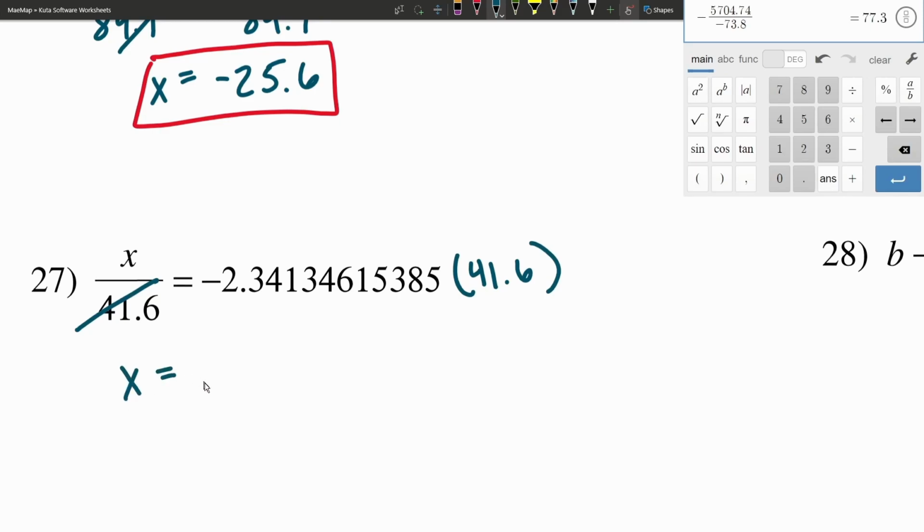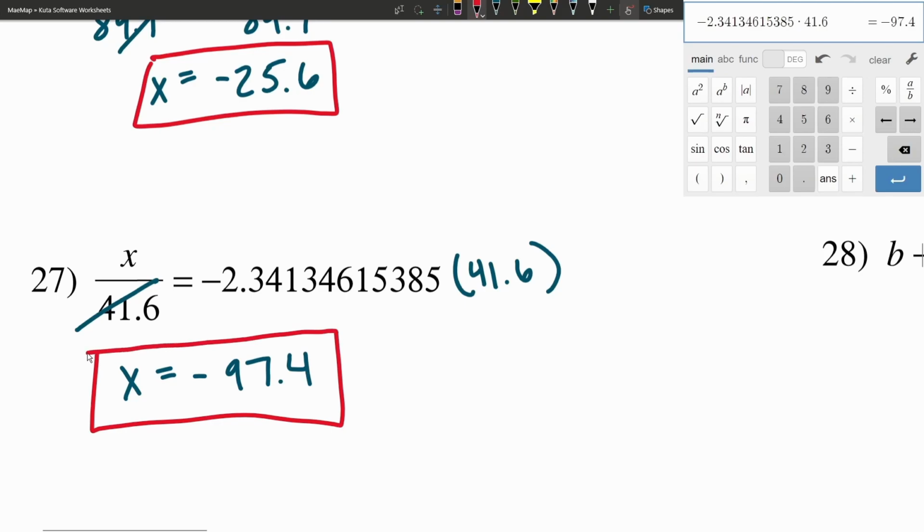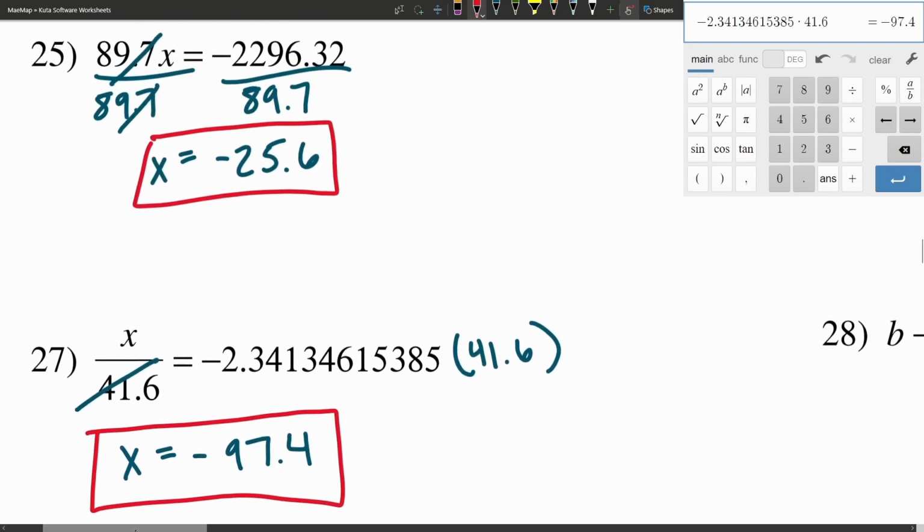So x is equal to, let's go over to our calculators, negative 2.3413461538 times 41.6. That's a negative 97.4. So negative 97.4 is our solution in number 27. Now, our last problem, number 28.